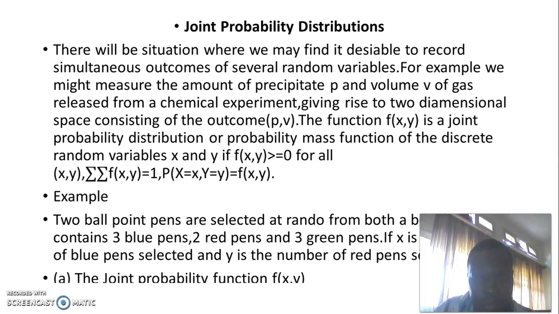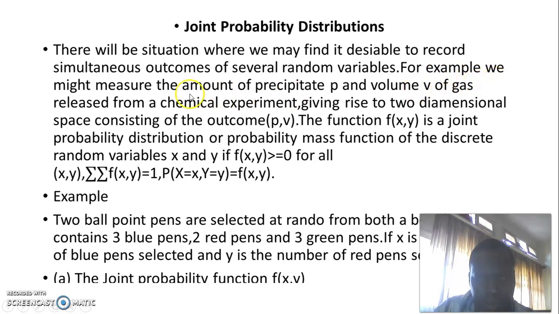Because in life, there are factors that determine a certain outcome. Rarely is an outcome determined by only one factor. So you need to have an idea of what all these factors are contributing to the outcome. Thus, several random variables will be used in those cases.